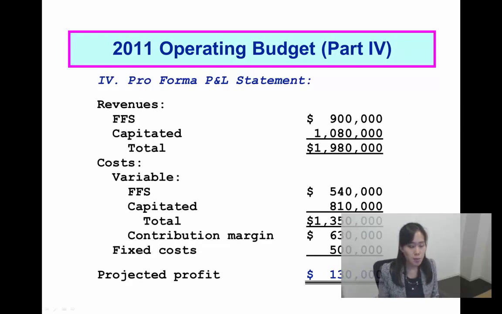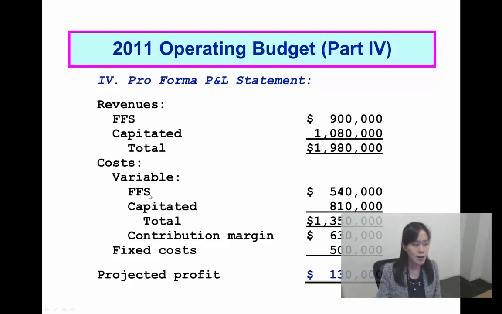Okay, finally, combining the revenue section with the cost section, we can create the projected profitability for Carroll Clinic in 2011. This is the last step in the operating budget, and what you see here is the forecasted profit and loss statement. We have the revenues, which are broken down into fee-for-service versus capitated revenues, and we have the costs, which are broken down into the variable costs and the fixed costs.